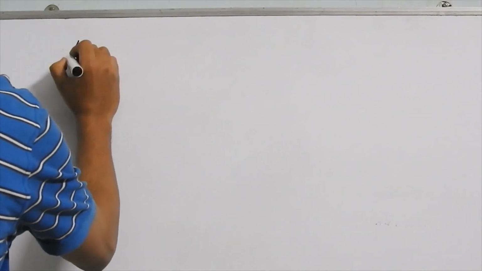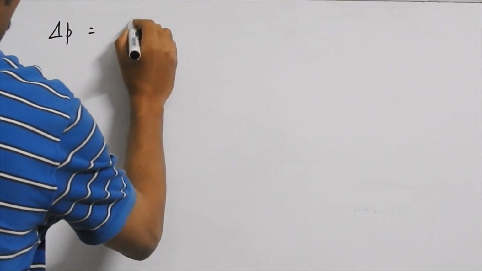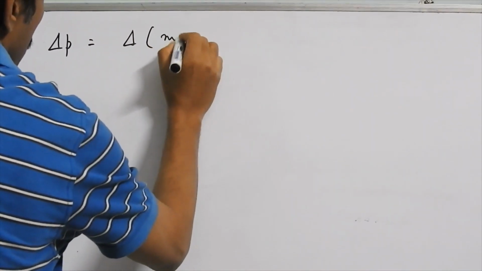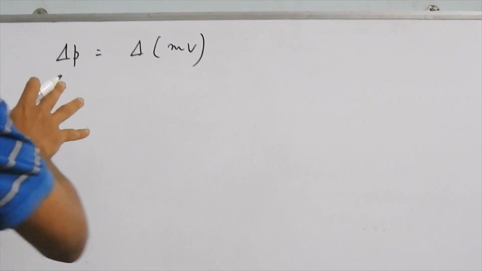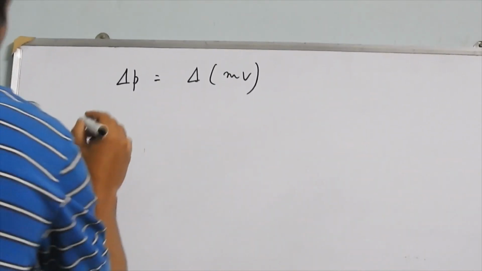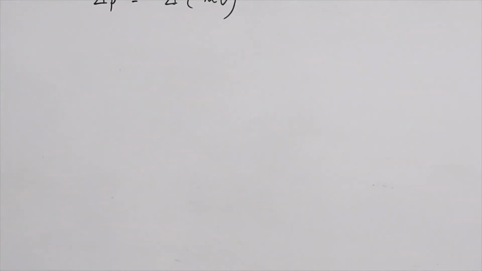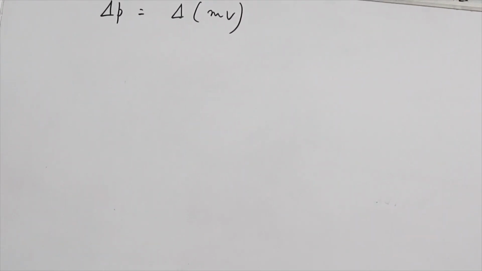So change in momentum is equal to change in the product of mass into velocity. As I have already said, if mass is constant, then this change in momentum is equal to mass into change in velocity.